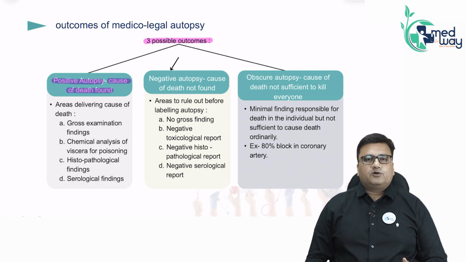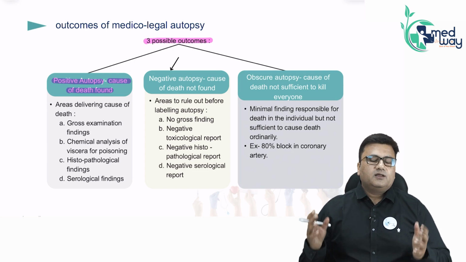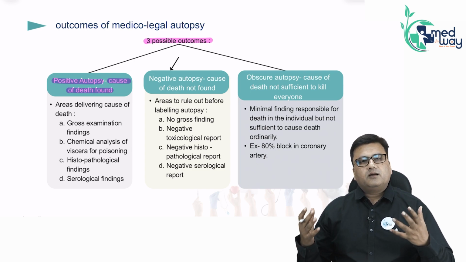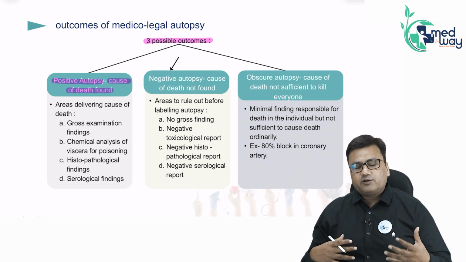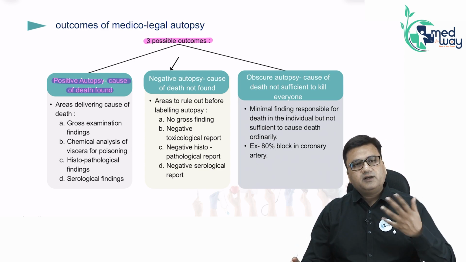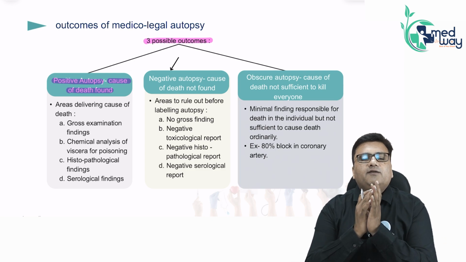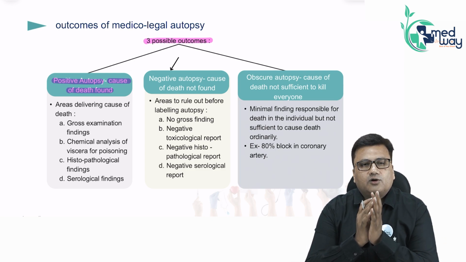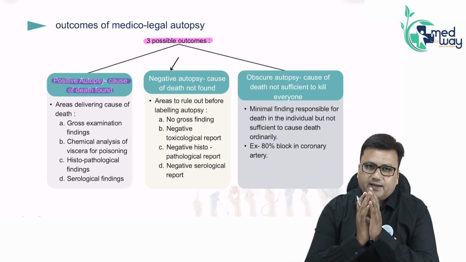So, we wanted to know the cause of death, we conducted the autopsy, the doer inspected the exterior of the body, and then he opened the body, inspected the interior of the body, and found the cause of death, right.